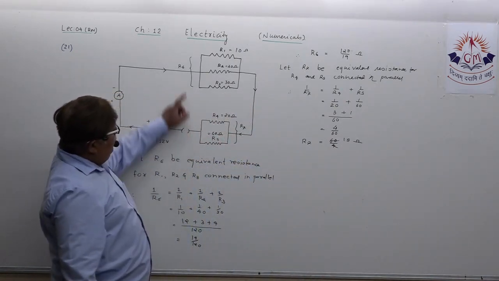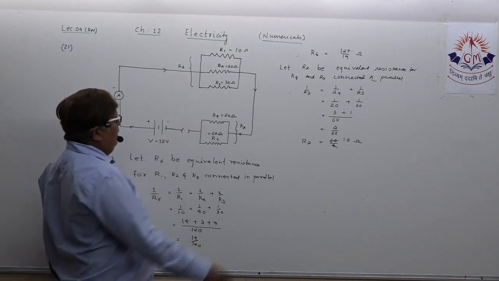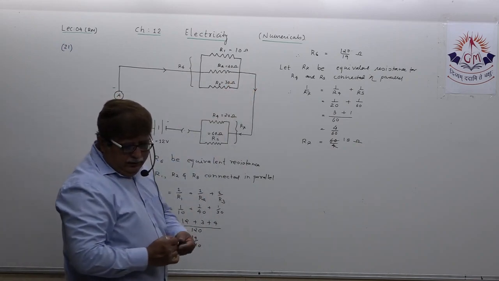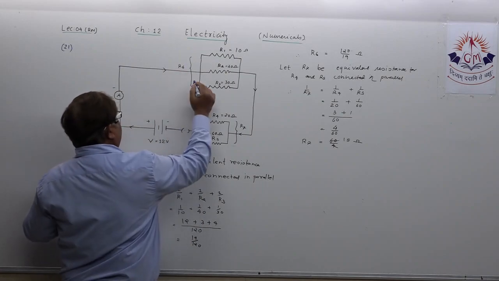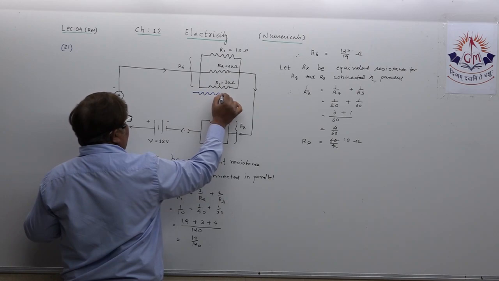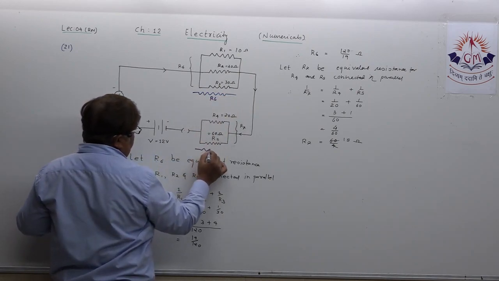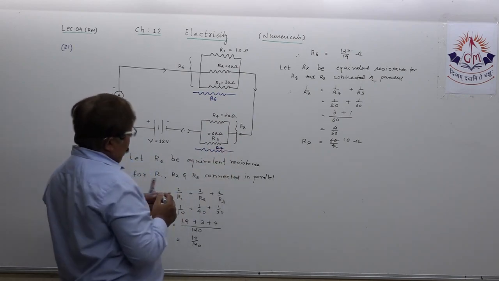So you got the equivalent resistance R6 and R7. Now if you remove all this, dear student, it will convert into simply one resistance. You can replace this by a single R6 now, and this one by a single R7. Understood? Right?